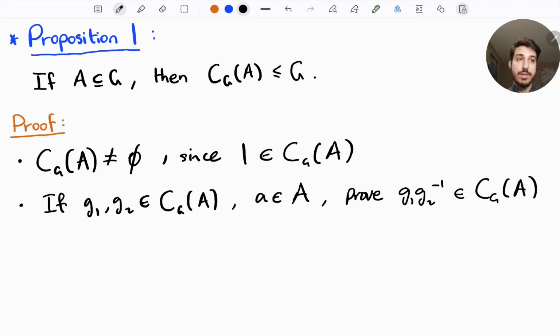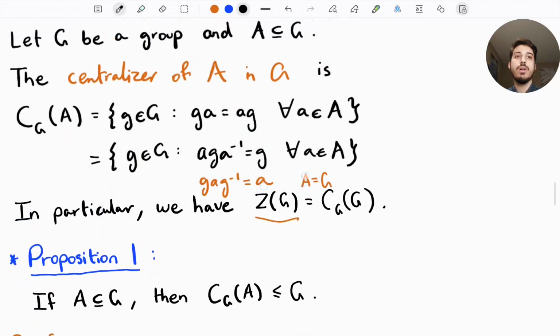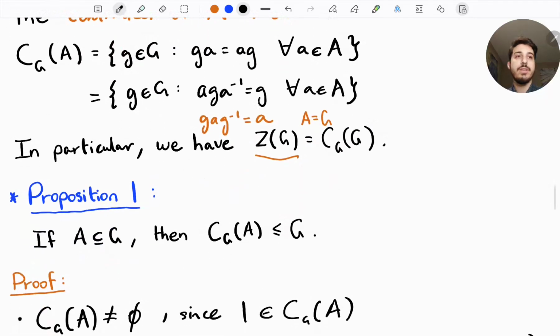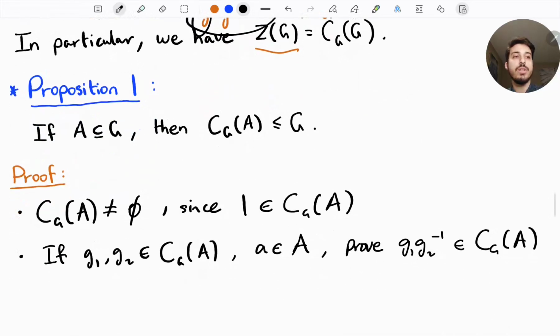And this is a sufficient and necessary condition for subgroups, as we've already seen in lesson 9. So to do that, we're going to use one of those definitions here of conjugacy. In fact, we'll be using this one here, and instead of g, we'll be using g1 g2 inverse.